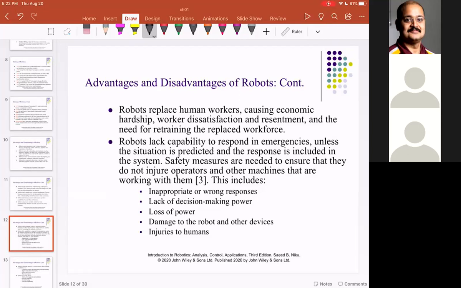Think about how annoyed you get when you are trying to talk to someone in customer service and you have an automated AI-based voice trying to direct you through the maze to the right person. And you just say, I'm not interested in talking to the AI. I want to talk to an actual human being. Robots sometimes can give you wrong answers, because robots are only as good and as efficient as the people who designed and programmed them.